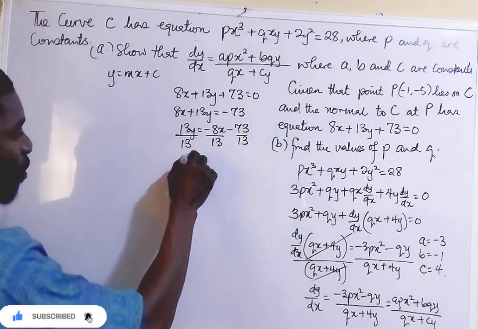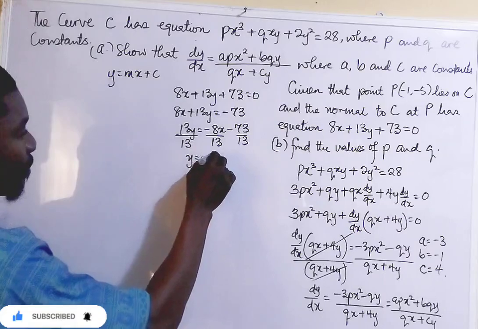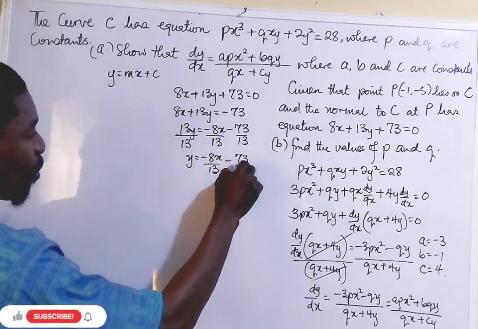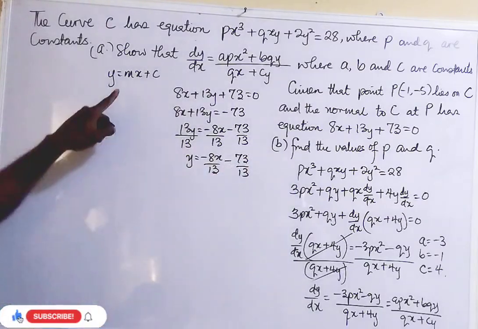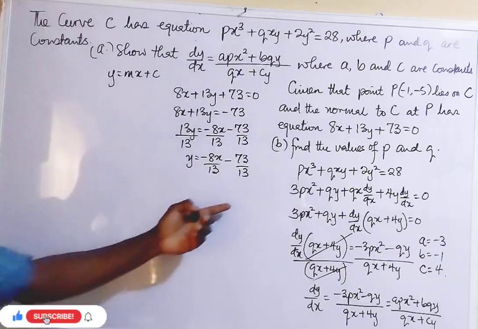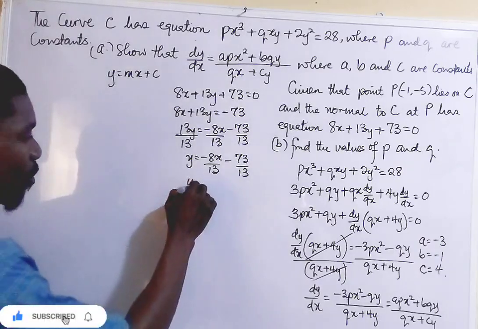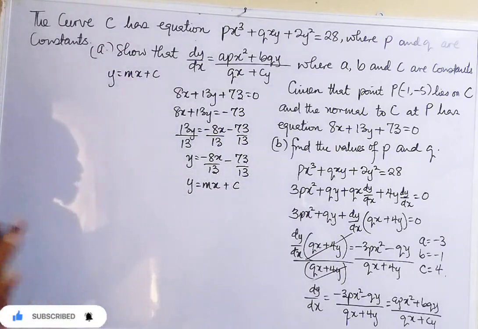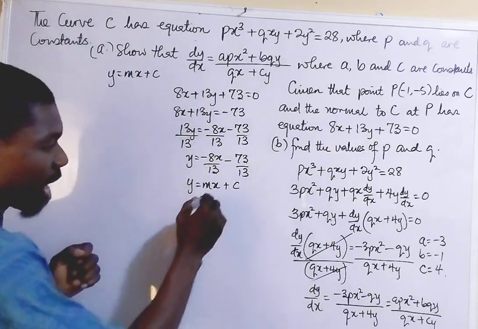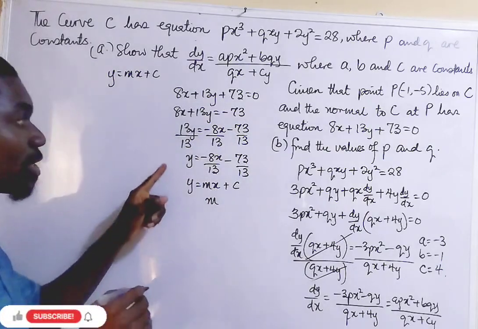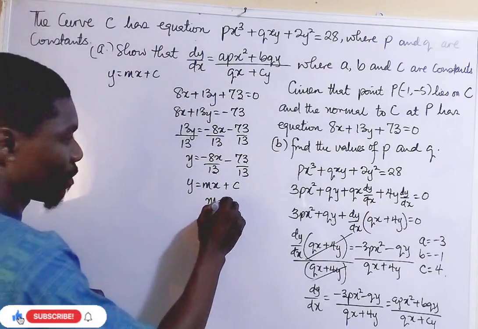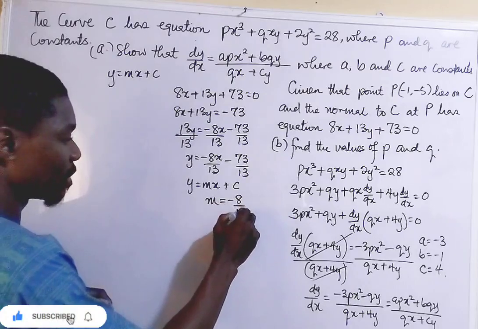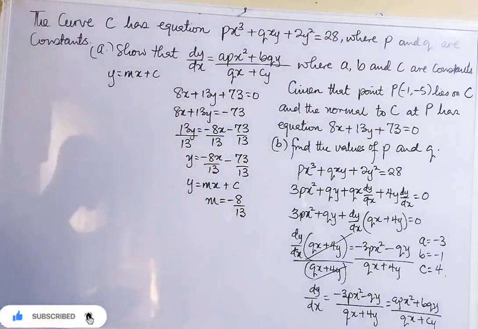So we have y equals negative 8x all over 13 minus 73 all over 13. You can see that this equation now aligns with y equals mx plus c. Now to this end, we can conclude that our slope for the straight line graph, or for this normal, is negative 8 over 13.